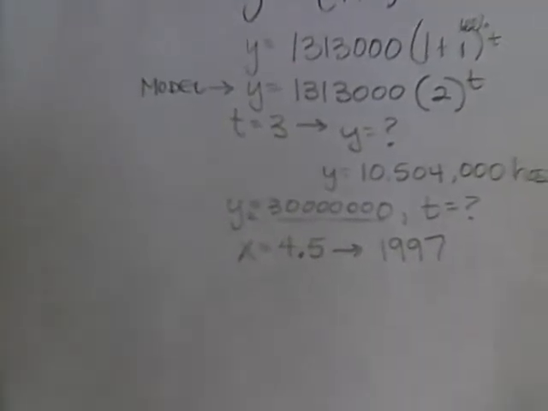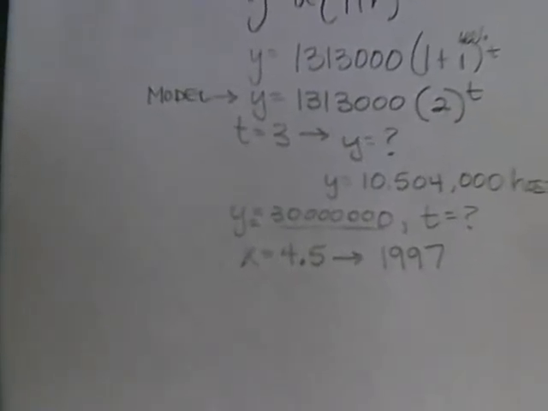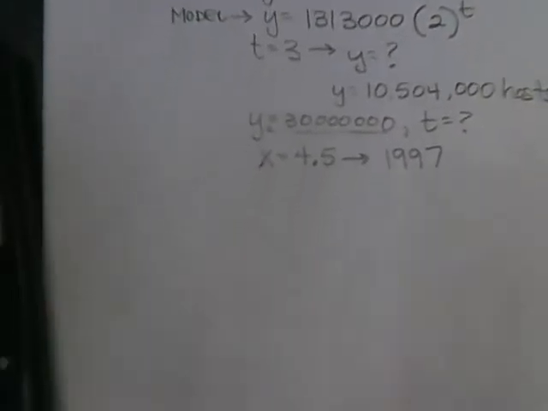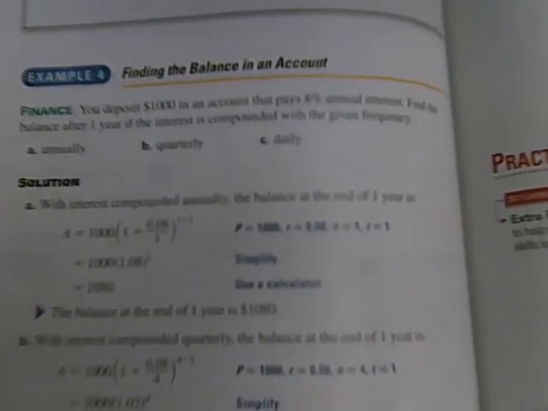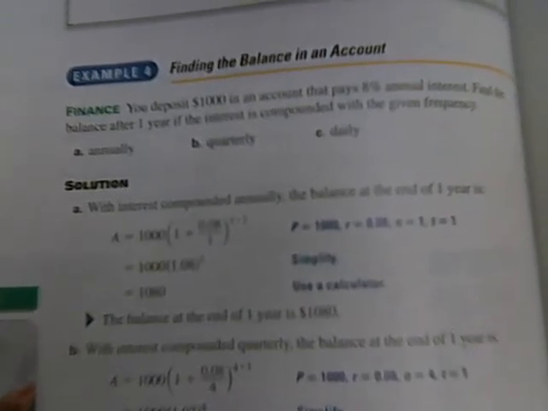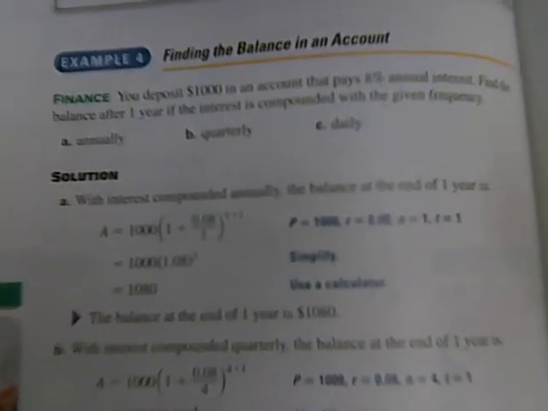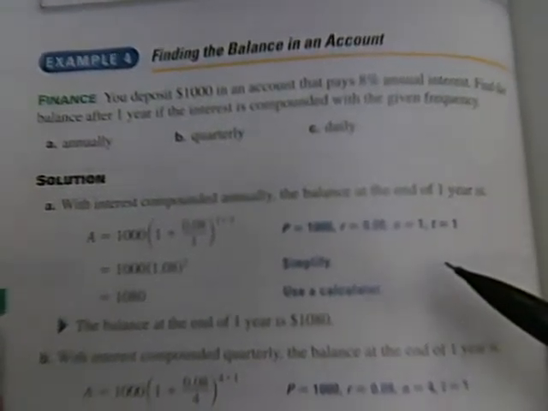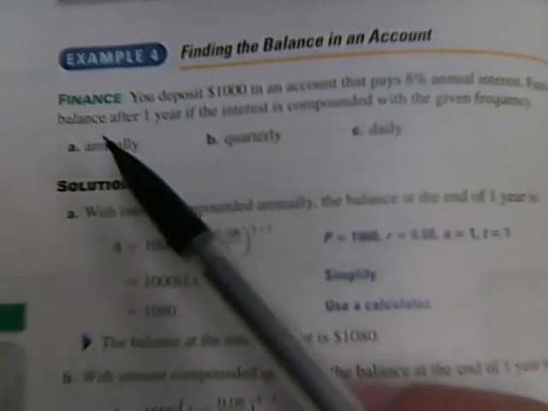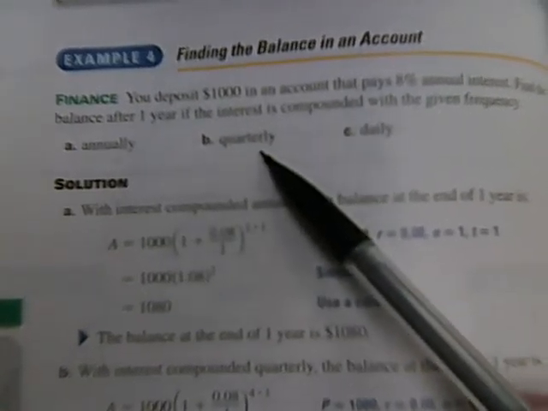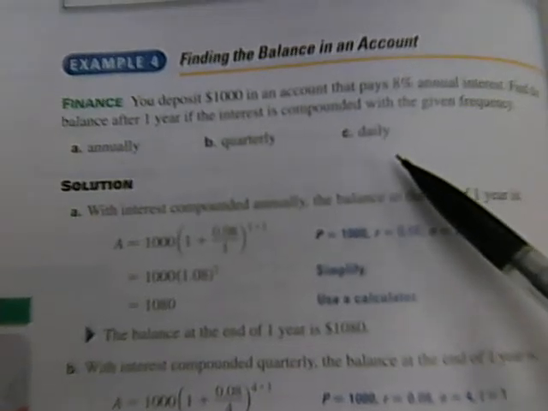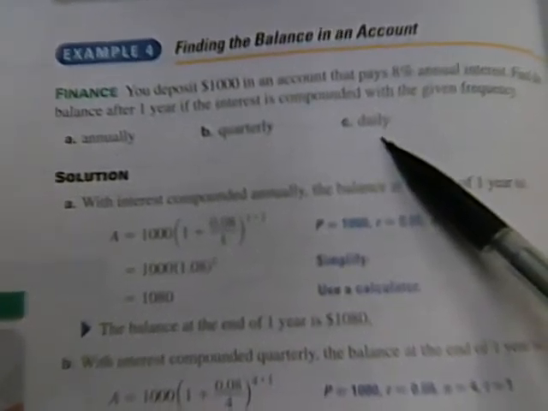Okay, now as far as the other example for compound interest, I want you to look at page 468, example 4. That walks you through how to sub in your numbers for compound interest. Remember, annually would be once a year, quarterly would be 4 times a year, daily would be 365 times in a year.